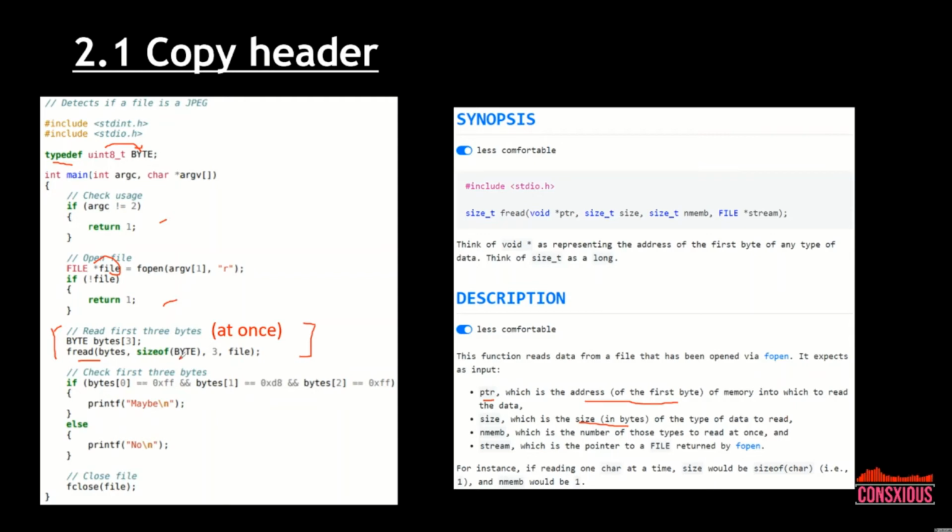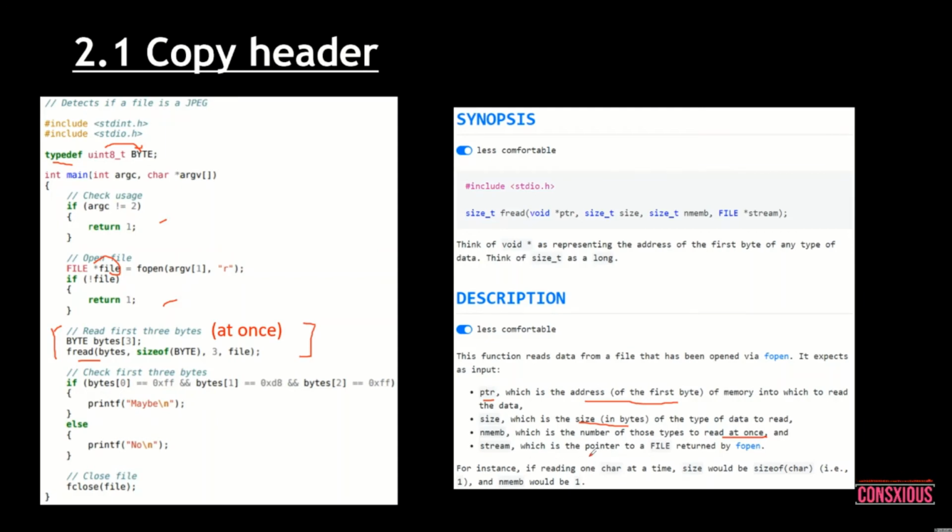You can see here size of bytes is actually 8 bits. nmemb is the number of those items to read at once. So we're going to read 3 bytes at once.